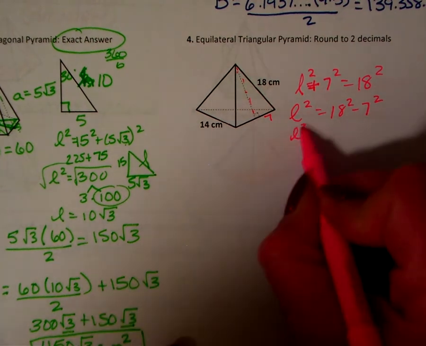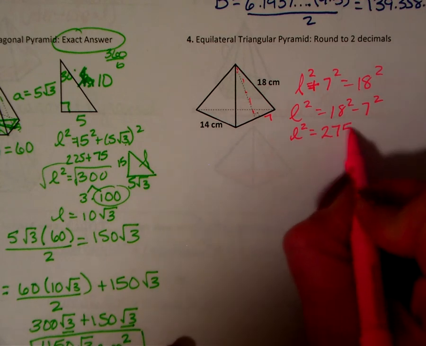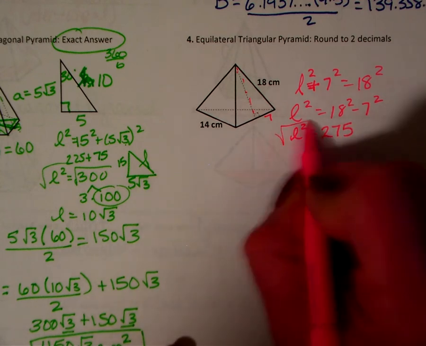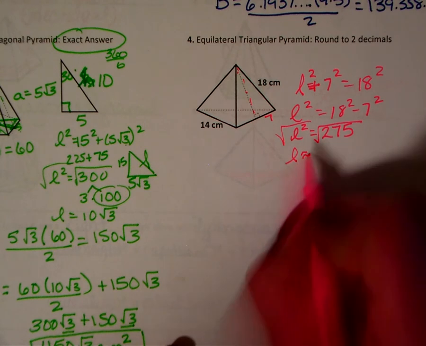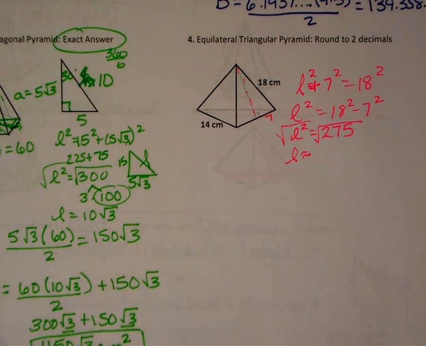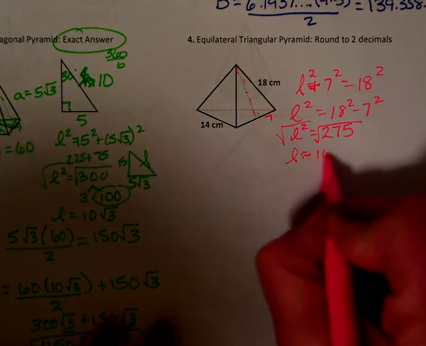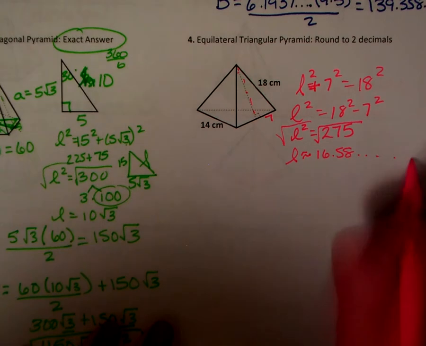When I calculate that, I get 275. Square rooting it gives me approximately 16.58 something.